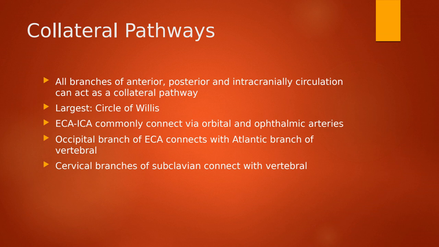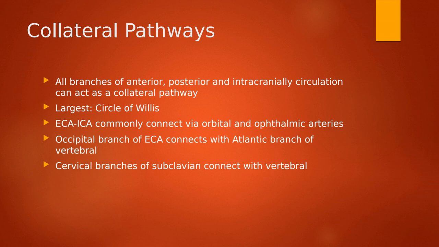So even before it gets to the brain, we call upon that ECA to say, hey, you've made it up to the major leagues, I'm going to need you to actually be important here and help supply some blood flow to the brain. And it does so by those arteries that are supplying the eye region. So some of those earlier ECA branches and that first branch off the intracranial ICA are going to join together to provide that secondary pathway.